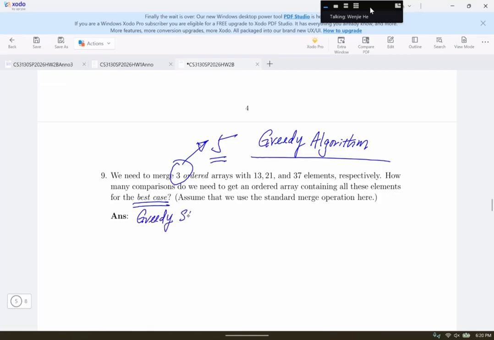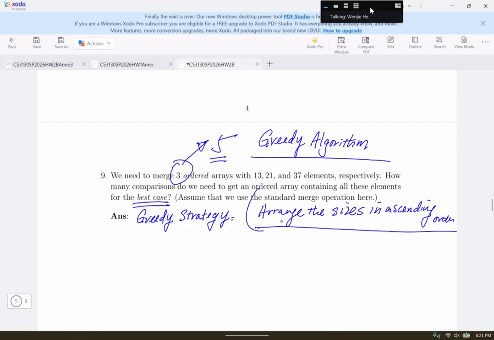Before you apply it, you need to arrange the sizes of the 5 ordered arrays in ascending order. Then we can apply the greedy strategy.